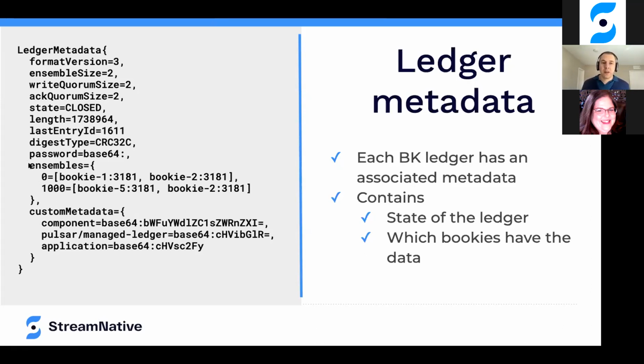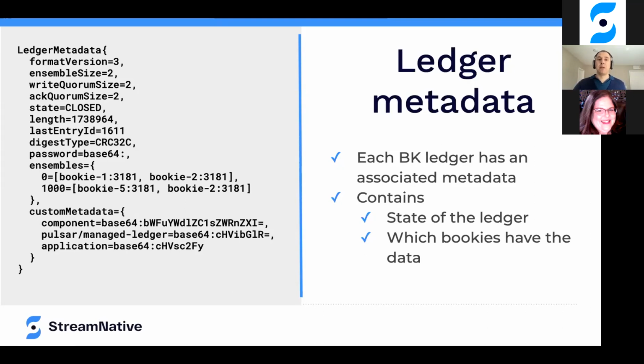Also the most interesting part here is the ensembles list. This basically means that for different ranges of entry IDs, we know which bookies are assigned to these entries. Therefore, if I'm trying to read, say, entry 10, I will look into the metadata and I will be able to figure out that entry 10 will be on both bookie 1 and 2.